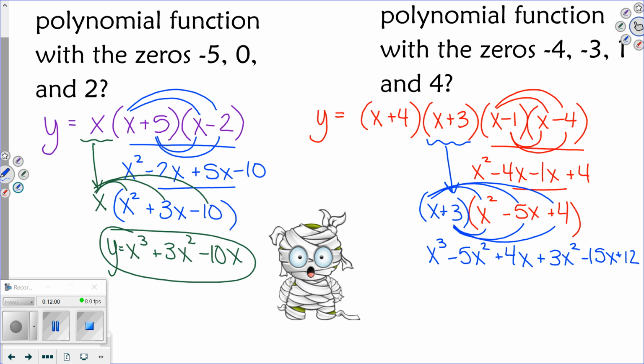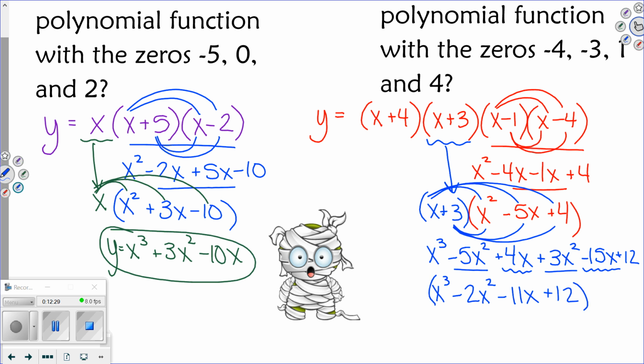Isn't this fun? It is very tedious. All right, like terms, negative 5x squared plus 3x squared is negative 2x squared. 4x minus 15x, negative 11x, just x. Does not become a square because that's when we multiply. And then we have a plus 12.